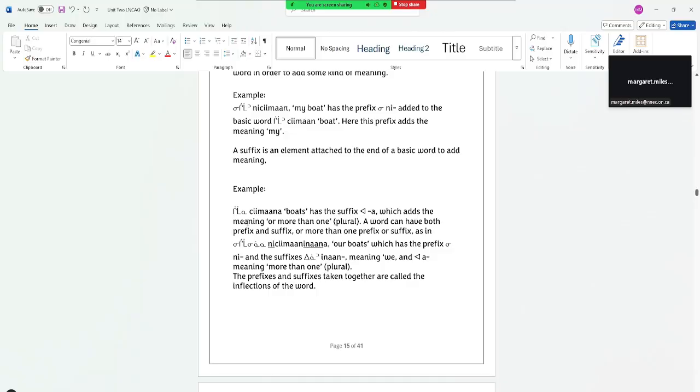And this next example says jiman, and at the end of it a is added, jimana, which means boats. And here you can see in syllabics, jimana.